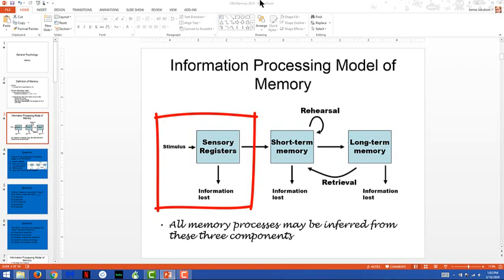So the temperature of the room you're in and the color of the table you might be using while you're watching this video are going to be associated. Is the temperature of the room and the color of the table a relevant variable that helps you survive and live your life? No, of course not.